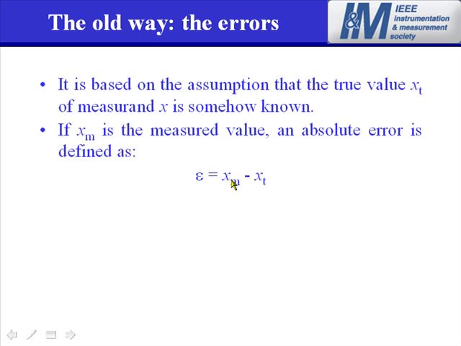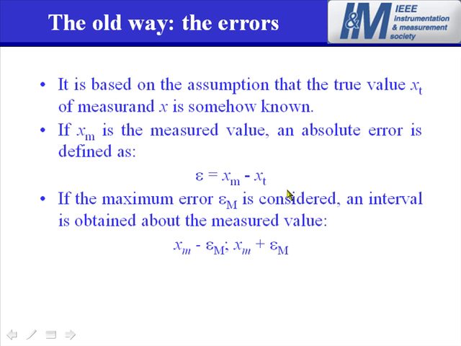So it's the difference between the measured value and the true value. If we consider the maximum error, we can build this interval about the measured value, within which the measured value is supposed to lie. Here you see the measured value minus the maximum error, and the measured value plus the maximum error.